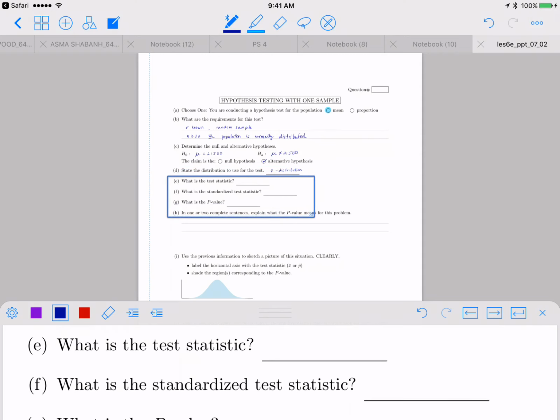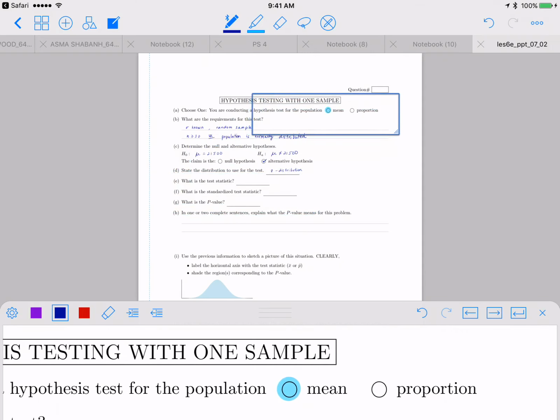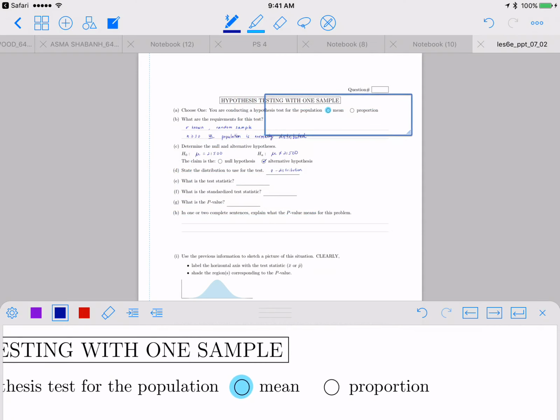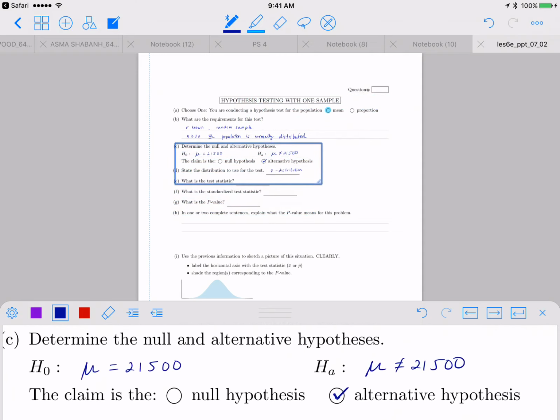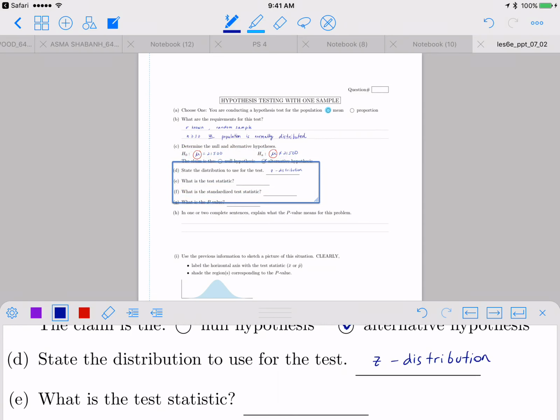Okay, so next we need the test statistic and the standardized test statistic. Because we're doing a hypothesis test for the mean, our hypotheses involve mu, and our test statistic is going to involve X bar.